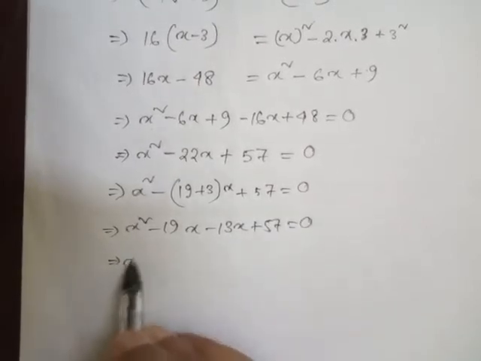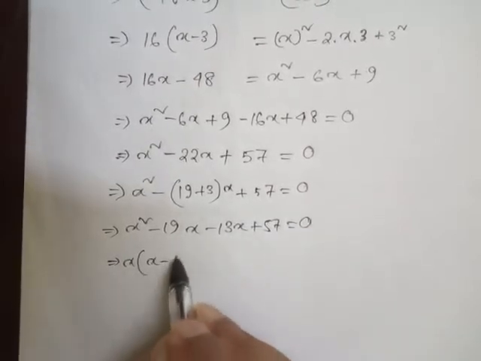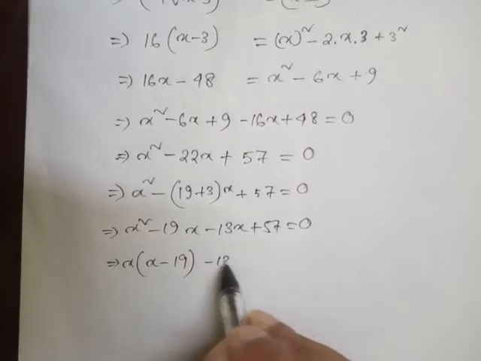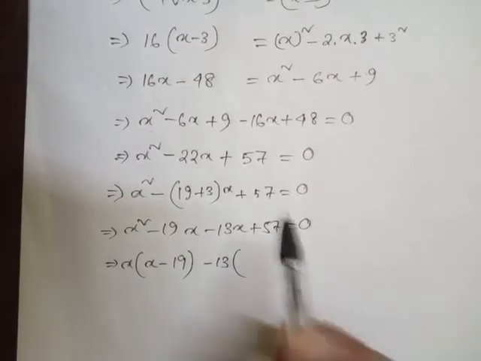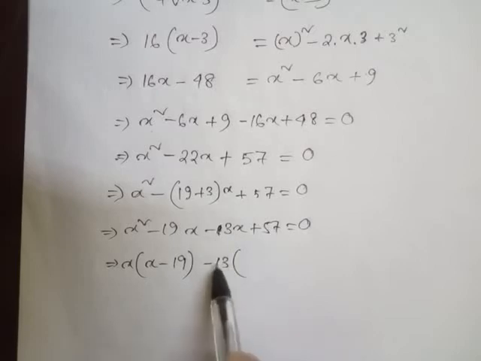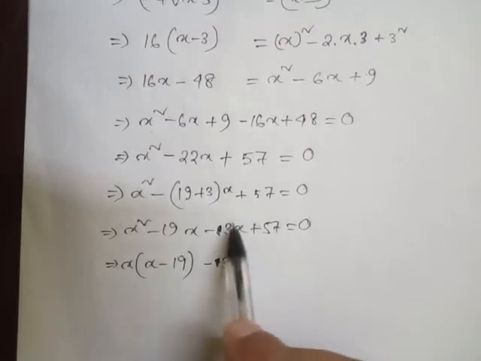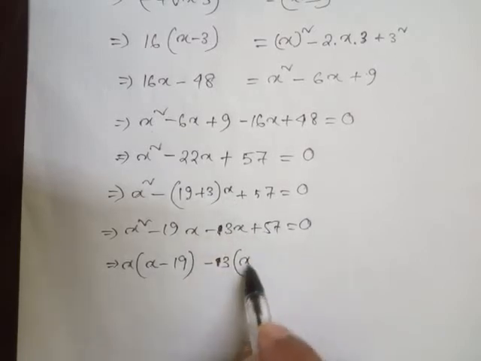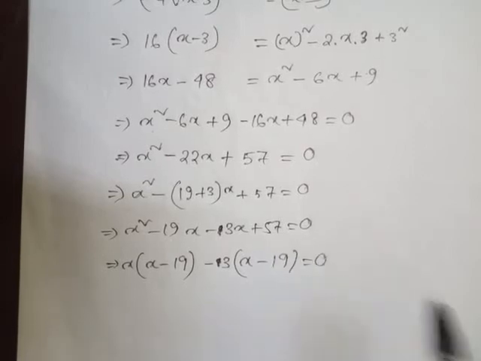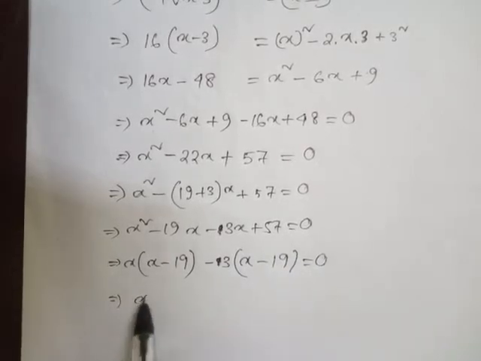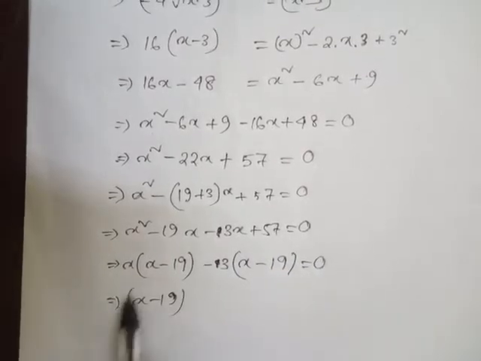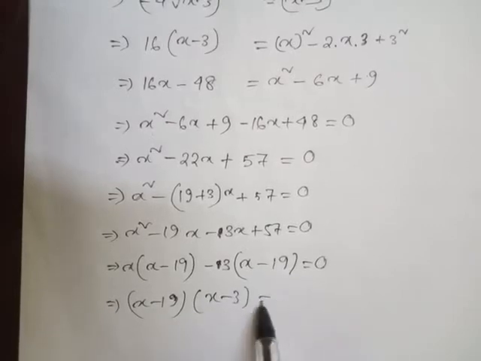Now from here if I take x common, then x minus 19, and minus 3 common, then x minus 19 equal to 0. Now next would be (x minus 19) and (x minus 3) equal to 0.